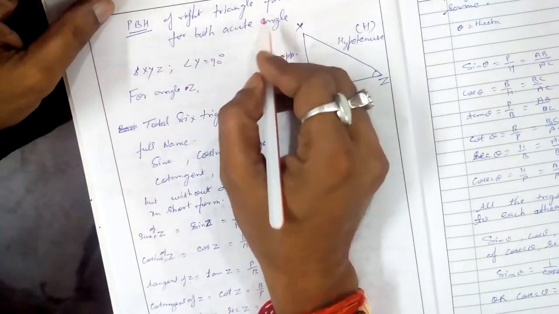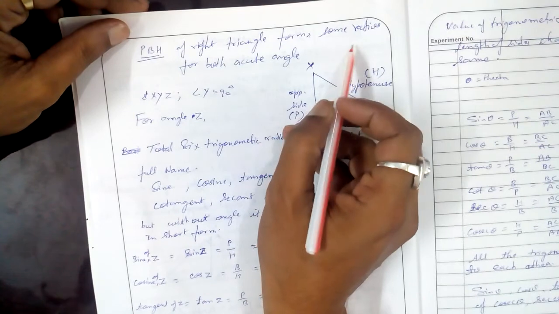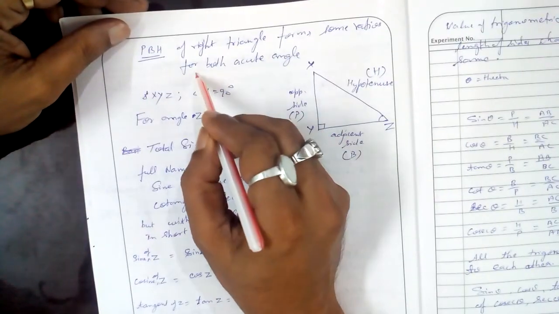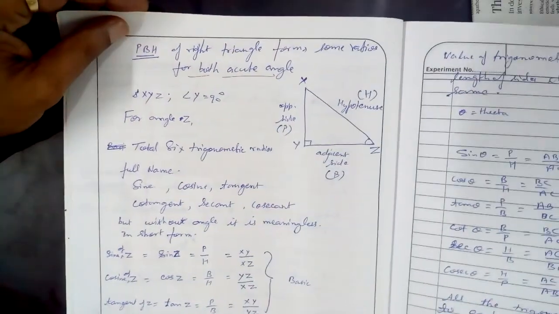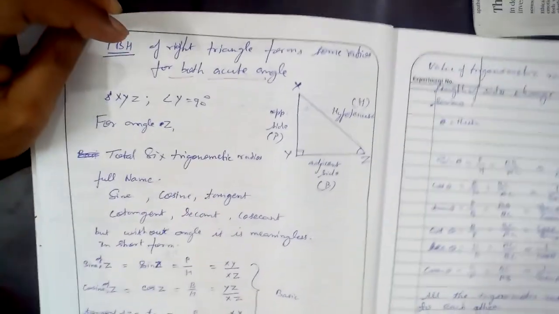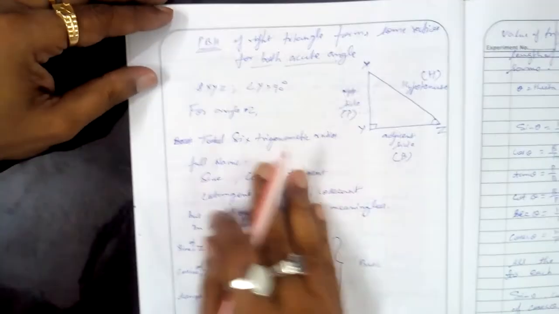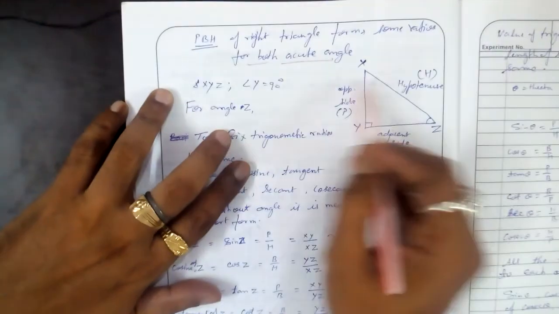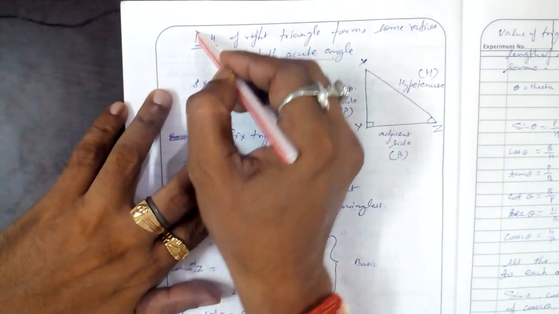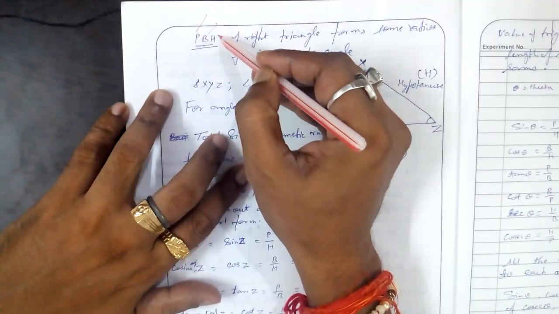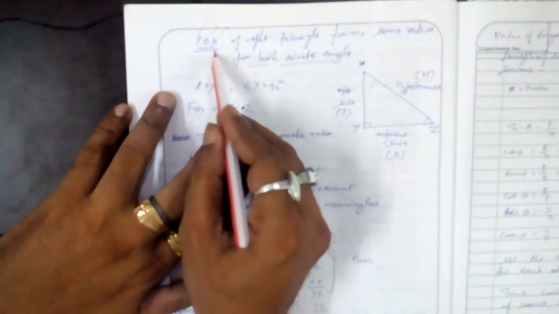PBH of a right triangle forms the ratios for both acute angles. Not one, both acute angles form a relation, which is a very important relation between PBH. P means perpendicular, B is base, H is hypotenuse. H is always fixed.